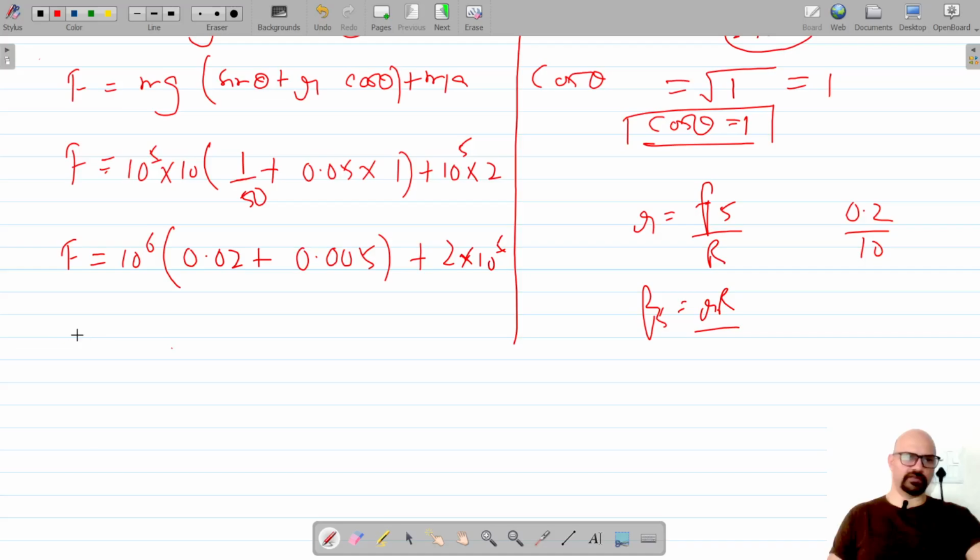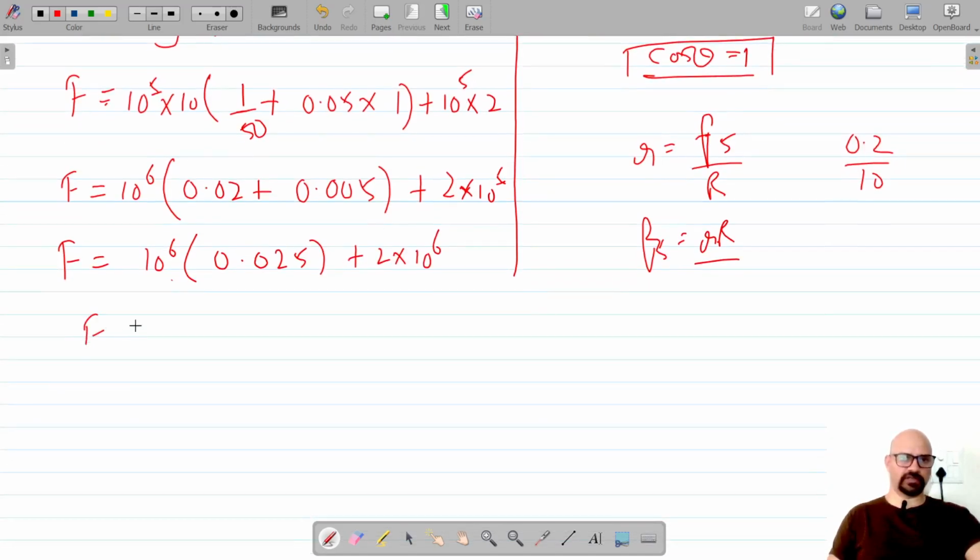Okay, let's simplify this. So force is equal to 10 raised to the power 6 into 0.025 plus 2 into 10 raised to the power 6. Let's take 10 raised to the power 5 common.